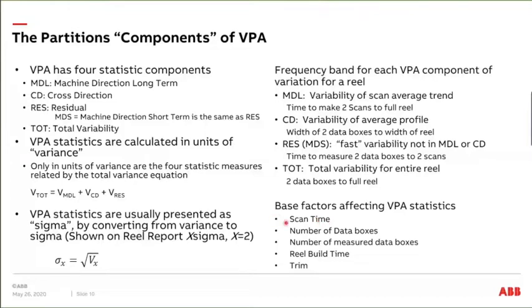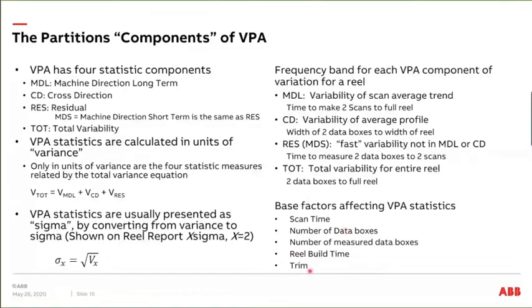We already talked about the scan time and number of data boxes. And then there is a slight difference between the maximum. That's why we typically set up a scanner to maximize it, so that the maximum trim we're measuring is pretty close to that. Also the reel build time, and then the trim width itself.